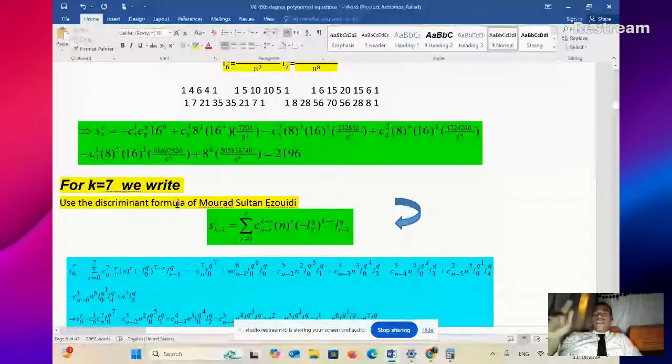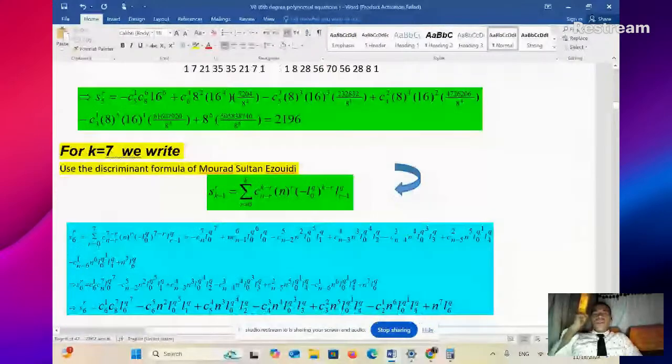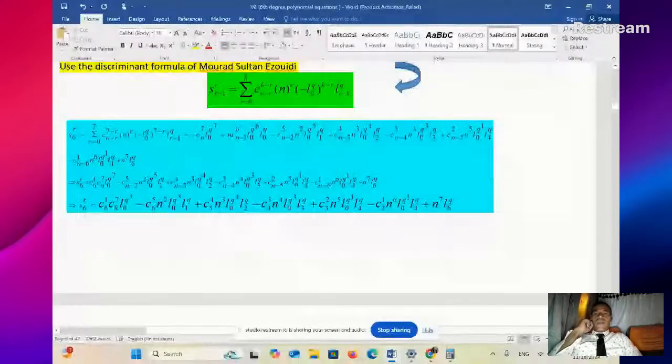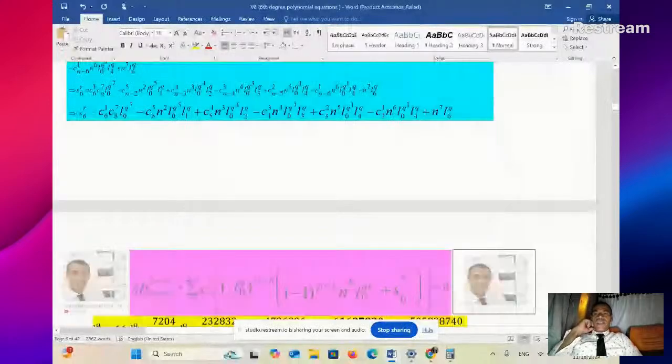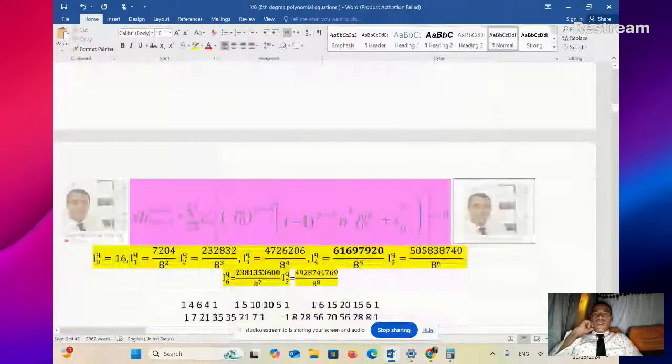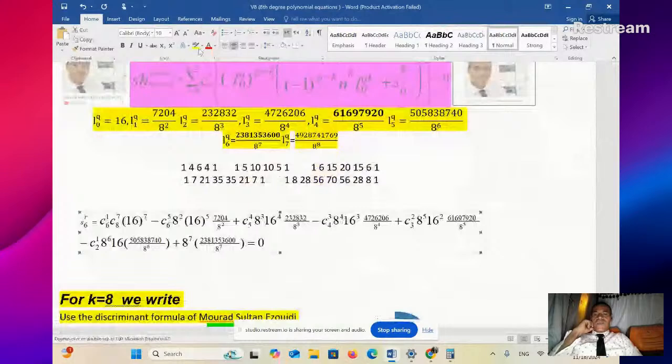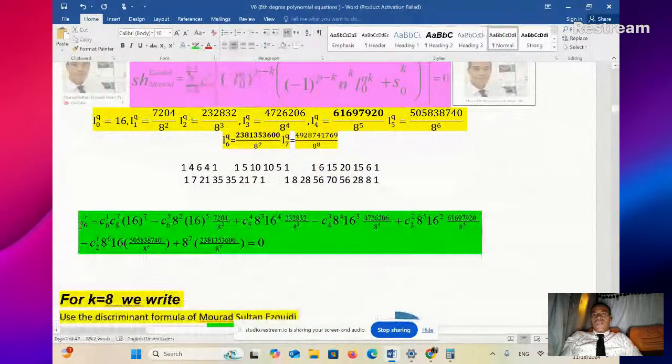Okay. Now, learners, I'm just on the last formula. This one I'm going to use to find out the value of S6. First, you see this one as 6. I'm going to mark it with another color, the green color, so it's going to be clear for you. Okay, so this one, learners, is the seventh coefficient of your new 8-degree polynomial equation that you are going to work out.